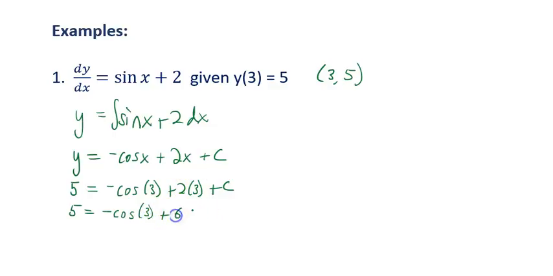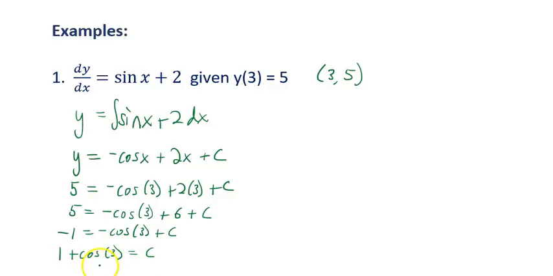But 2 times 3 is 6. And I can subtract that, so I get a negative 1. But I'm trying to solve c, so I'm actually going to go ahead and add that cosine over too. And so negative 1 plus the cosine of 3 is our c.